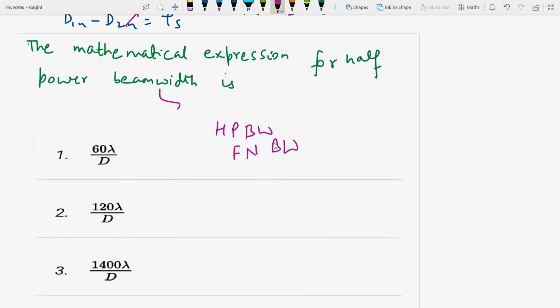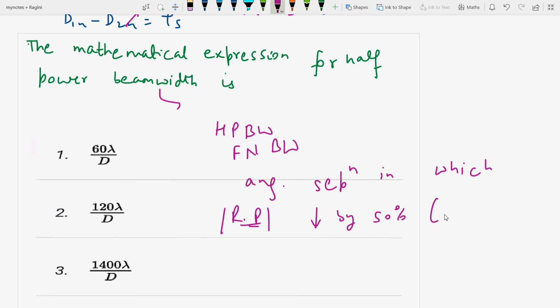Angular separation in which the magnitude of the radiation pattern reduces by 50% or minus 3 dB from the peak of the main beam.